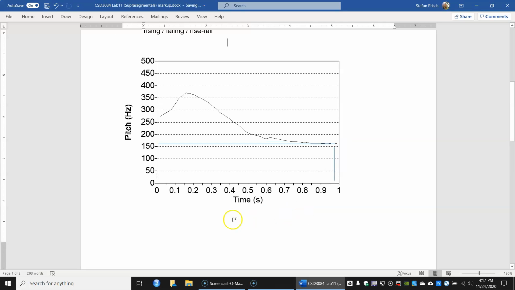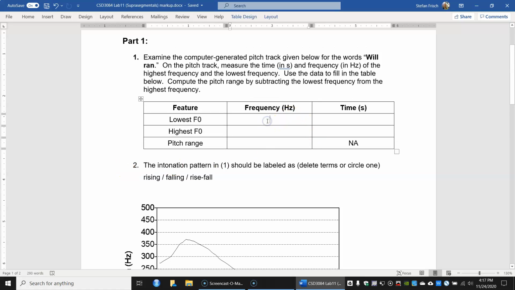So that looks like a frequency of about 160 at a time of 0.9, 0.95, maybe 0.975. 160 at 0.975, mostly recording the time of that measurement just so that we know where we got the data.